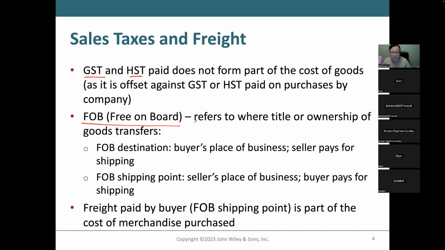FOB destination means that the goods ownership is transferred to the buyer at the buyer's place of business, and the seller will pay for the shipping. So your answer is correct if the contract has a term of FOB destination.